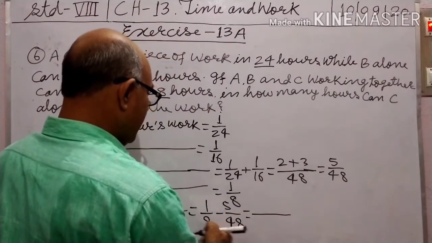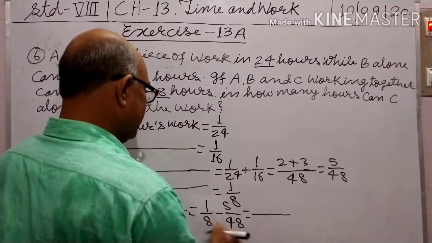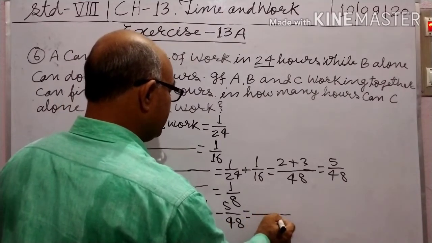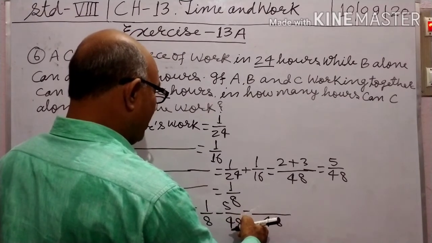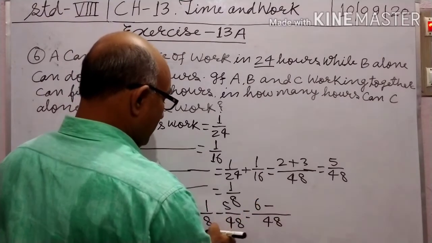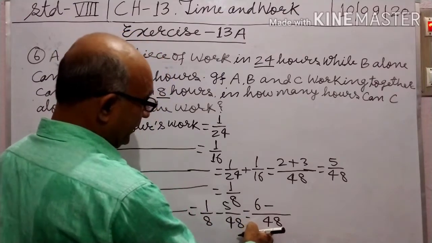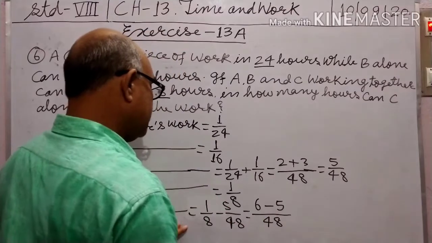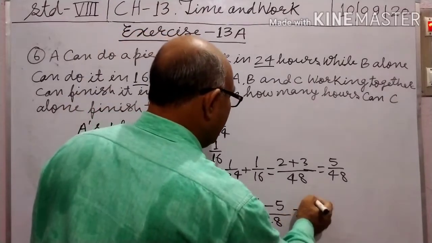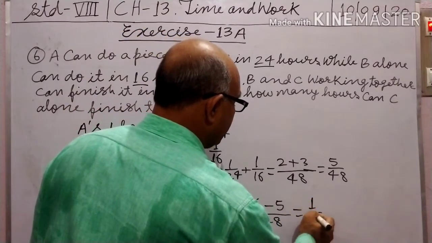LCM of 8 and 48 is 48. 8 times 6 is 48, so 6 minus 5 (48 times 1 is 48, so 5 times 1 is 5). 6 minus 5 equals 1 by 48.